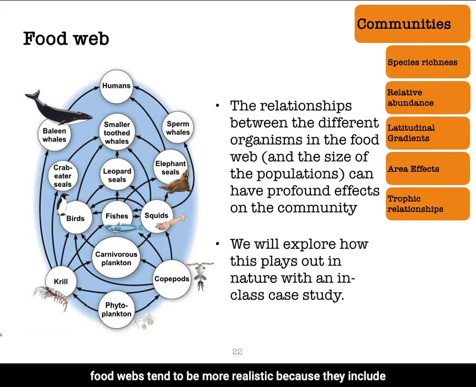Food webs tend to be more realistic because they include a larger number of community members compared to most food chains. You can think of food webs as a lot of connected food chains. The relationship between the different organisms in the food web and the size of their population can have a profound effect on the community.